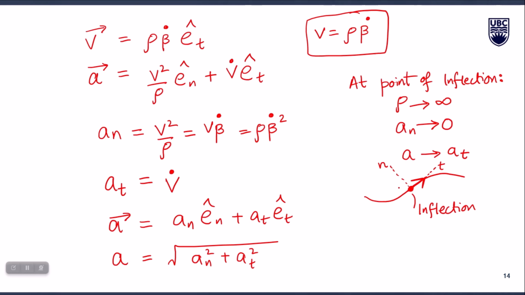So there is no acceleration component in the n direction. So you can also think of it in this way that for that particular instant of time, the curvilinear motion becomes a rectilinear motion only in the direction of t, right?